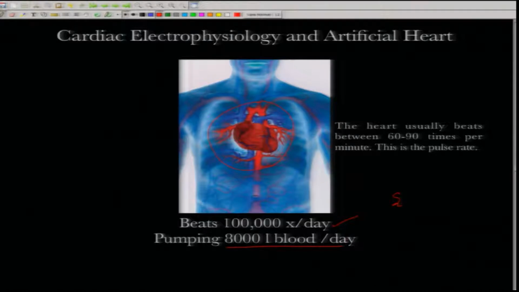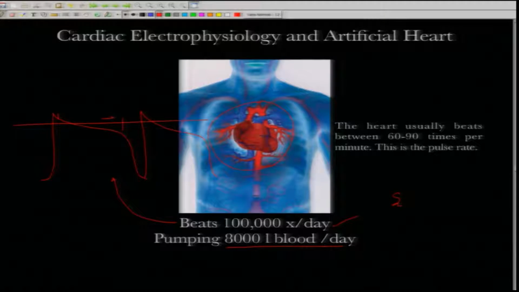Now, the heart is beating almost 100,000 times per day, which means the cardiac muscle cells, the cardiomyocytes, are beating. If you remember the action potential of cardiomyocytes, it is something like this, followed by another one, followed by this. Why is there such a wonderful plateau zone?